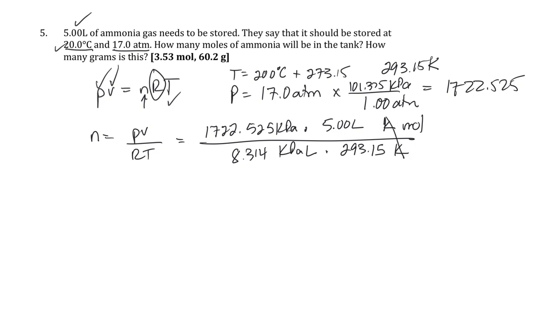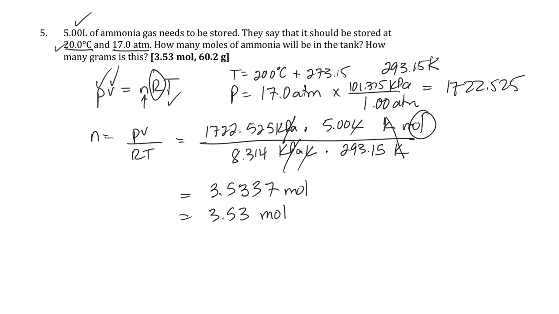Kelvins cancel, kilopascals and liters cancel, left with moles. I'll do the calculation. So that comes out to 3.5337 moles. Rounding it to 3 sig figs would be 3.53 moles.